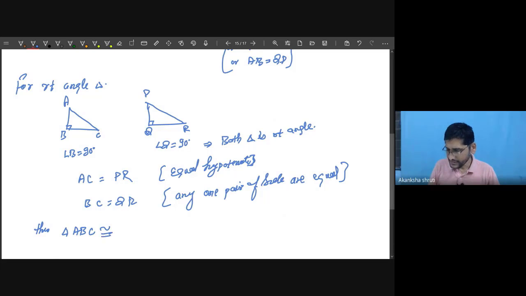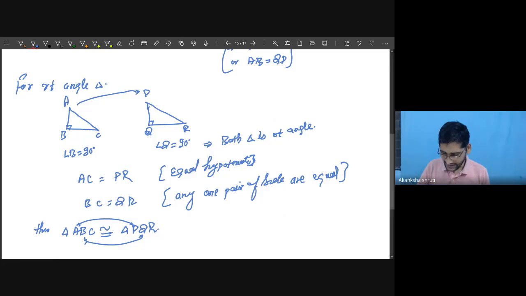The term congruent is denoted by an equal sign with a wiggle sign over it. Corresponding to A there is P, corresponding to B there is Q, which is the right angle, and the third vertex is here. This is called our RHS theorem.